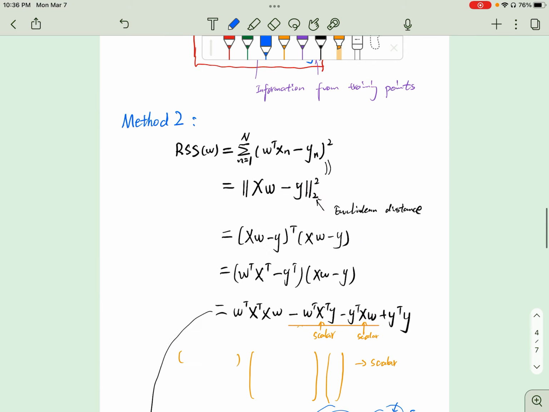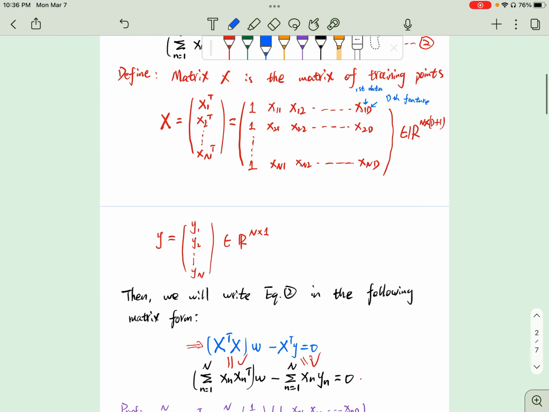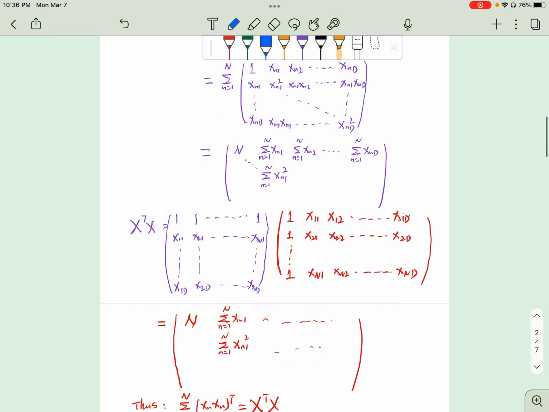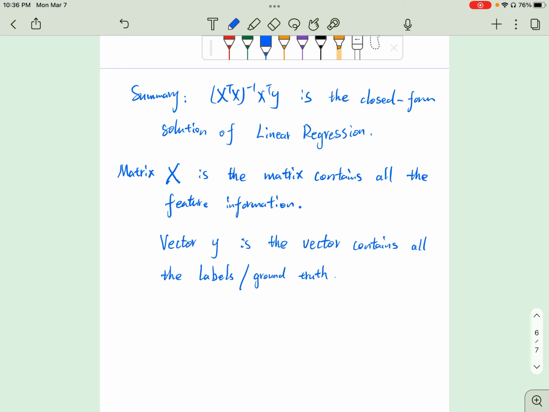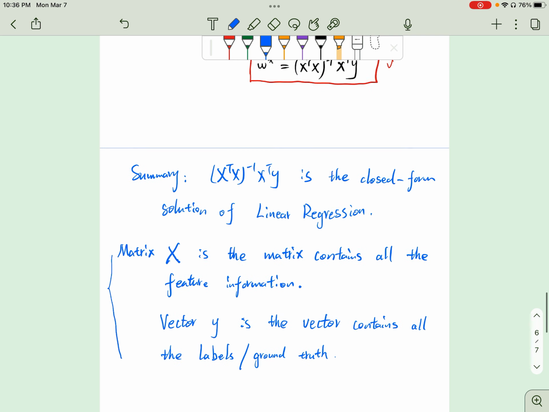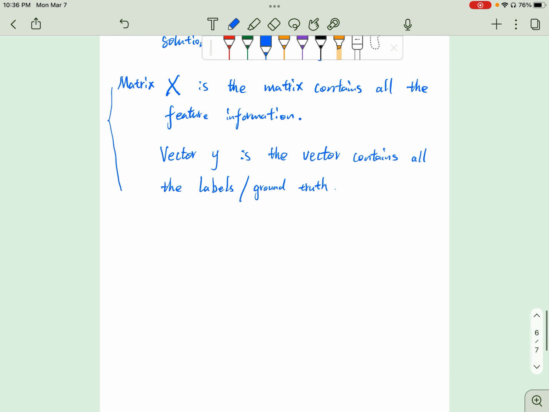So you can see how I define the vector y here. This is our vector y, right? So y1 is the ground truth of the first sample, y2 is the ground truth of the second sample, and so on. Okay, if we have this information, we can calculate our weights. We can calculate our hyperplane.